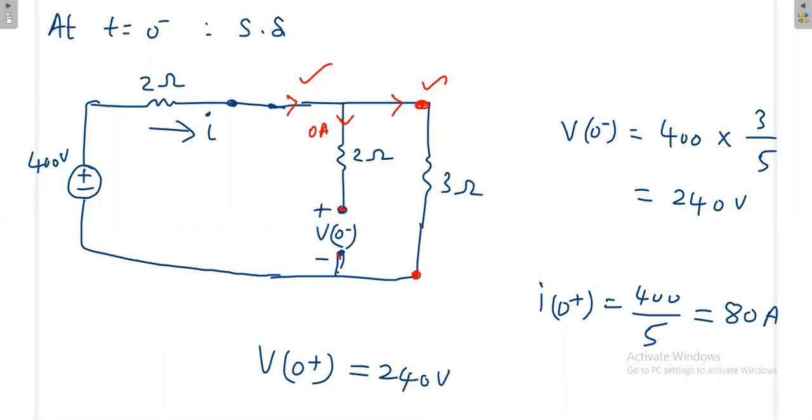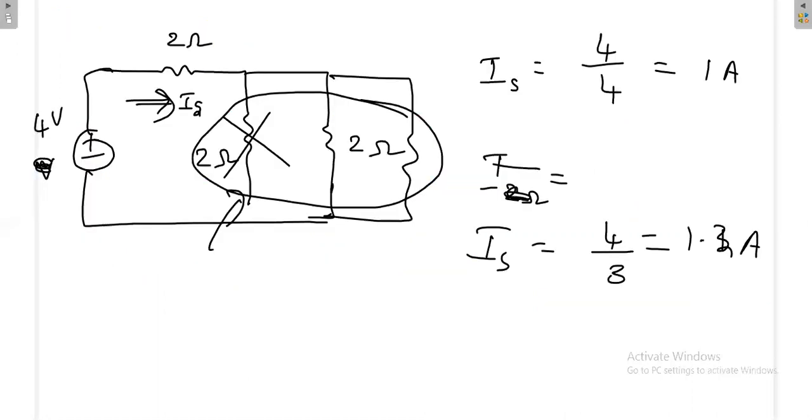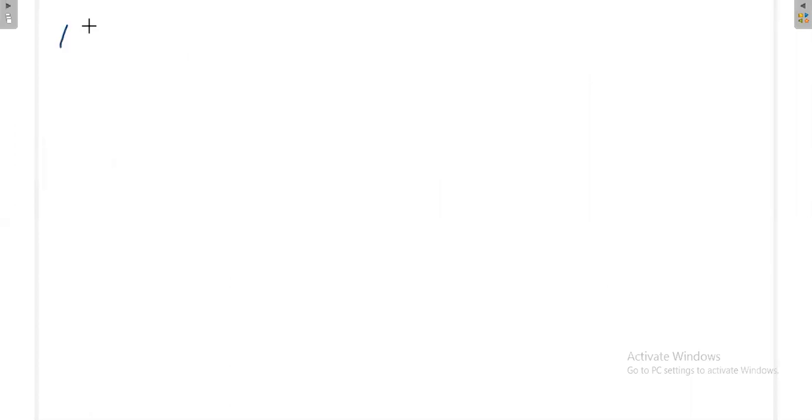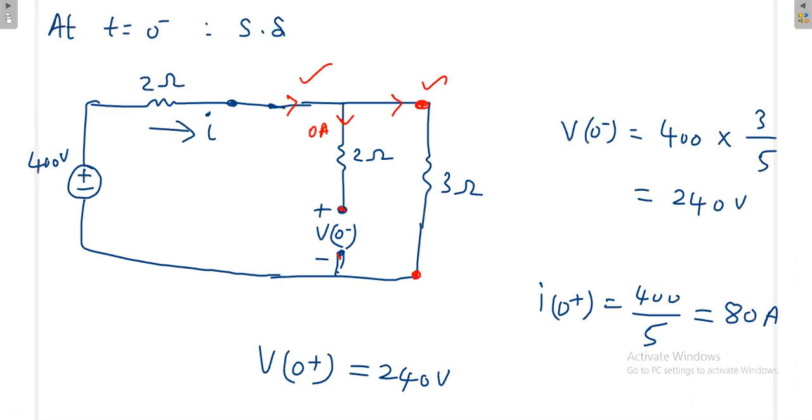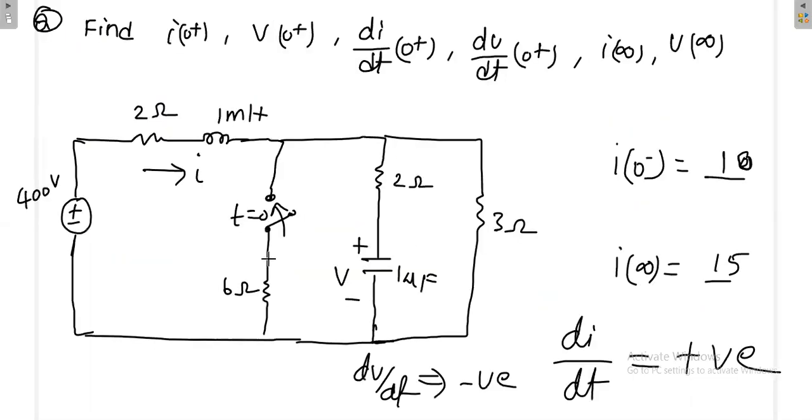Now what is the state of the circuit at t is equal to 0 plus? The moment you close the switch, this 6 ohm will come into the picture. Already some initial current is flowing across the inductor, so you have to replace it with the corresponding equivalent circuit.